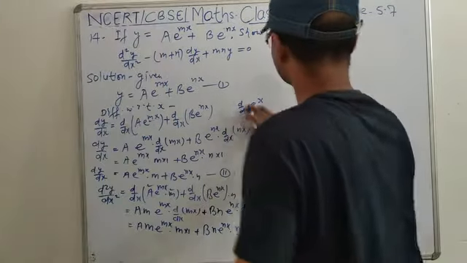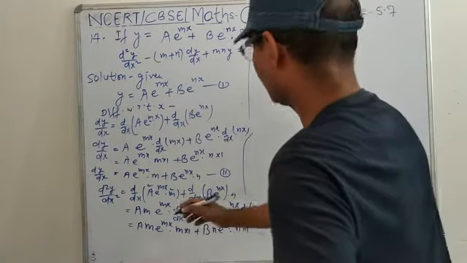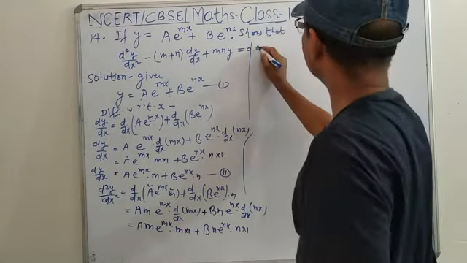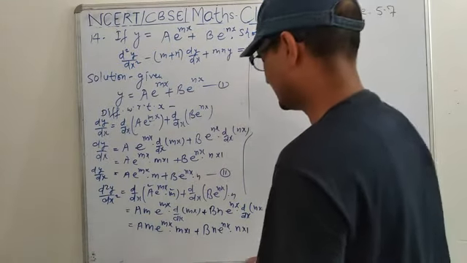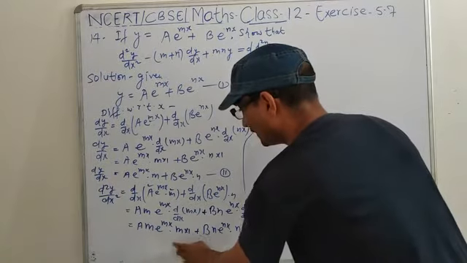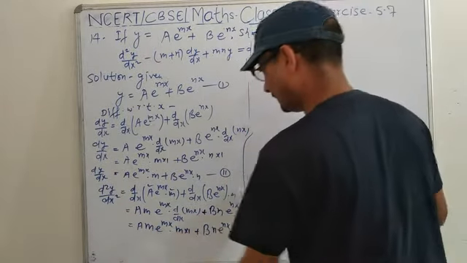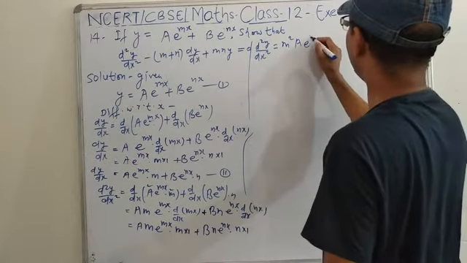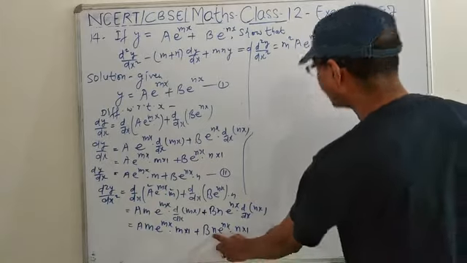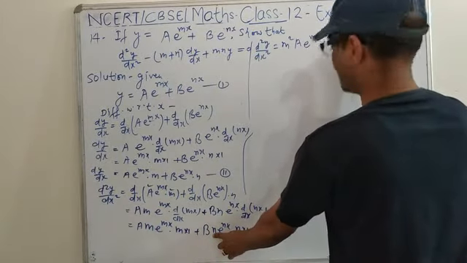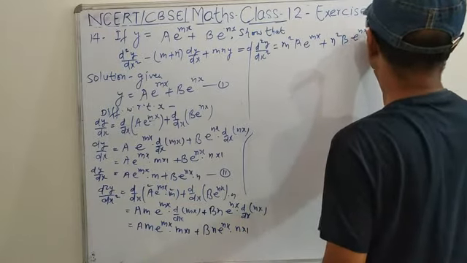Now d2y by dx square is getting m into m, that is m square a e to the power mx, plus n into n, that is n square b e to the power nx.